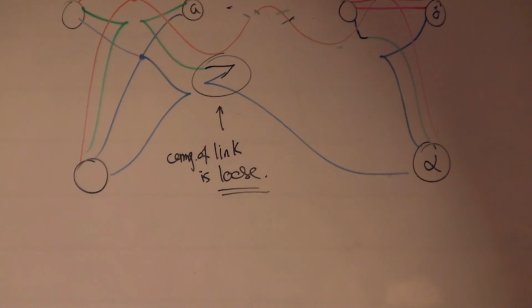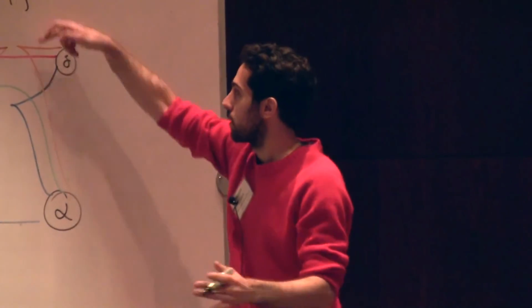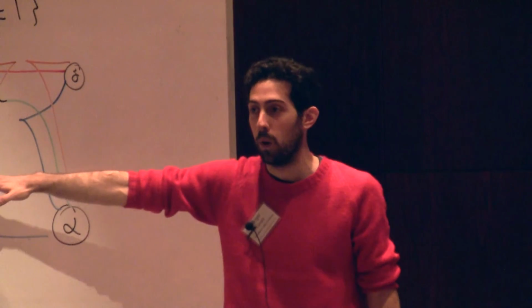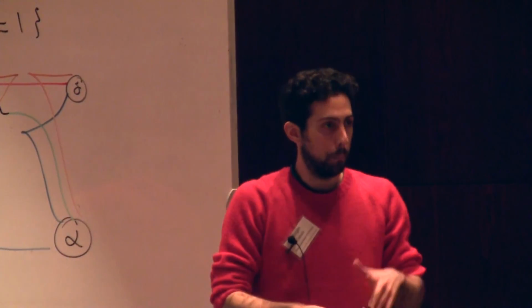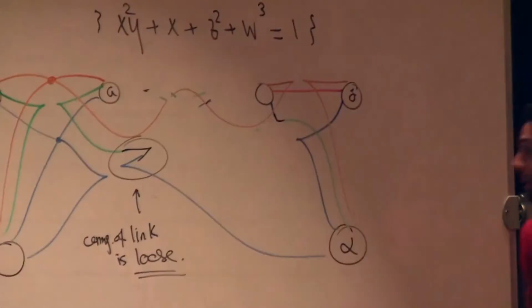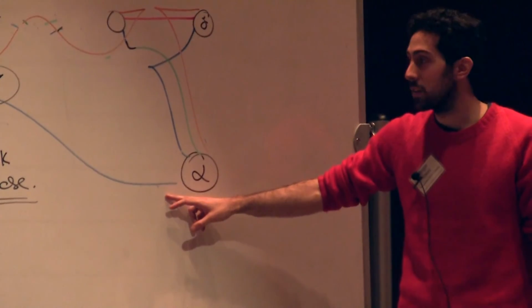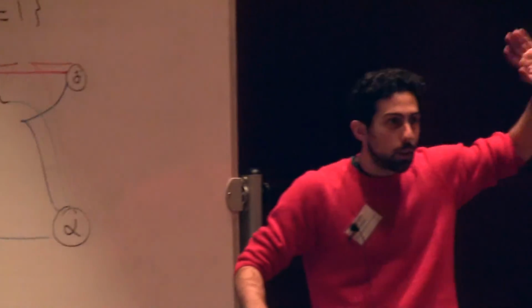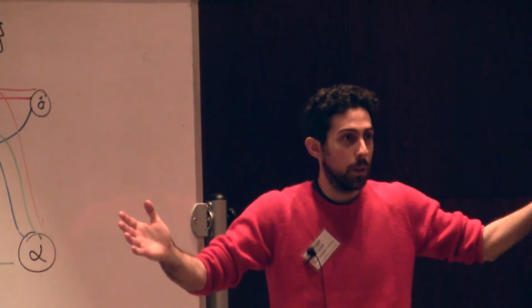Are we good so far? Now, I could start doing moves like crazily, like handles like this one and cancel, and prove to you that the other guy is also loose in the complement of that one. Okay? I could do that, I promise. But I'm going to be smarter than that and say, well, this is a loose Legendrian. Might as well erase that knot, because we can move it away as far as we want. And if the resulting guys are loose, that's it.